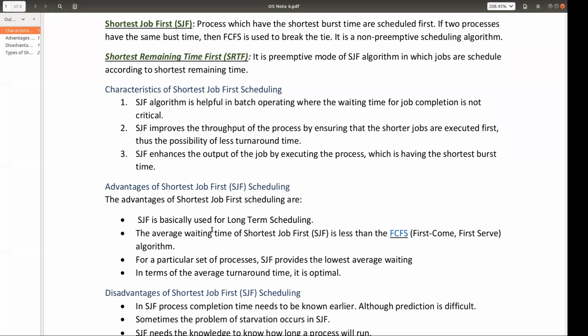So basically, the thing you have to keep in mind is that in a batch operating system, our mechanism is that we just gather similar types of processes, and we run those similar types of processes in a batch.